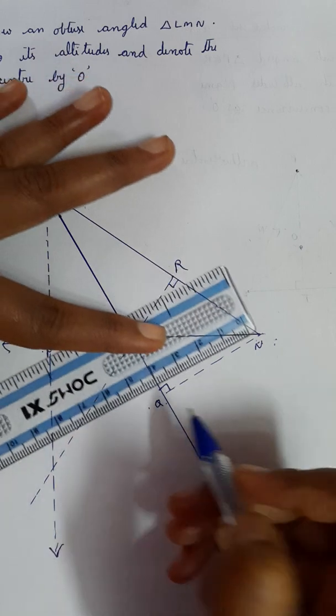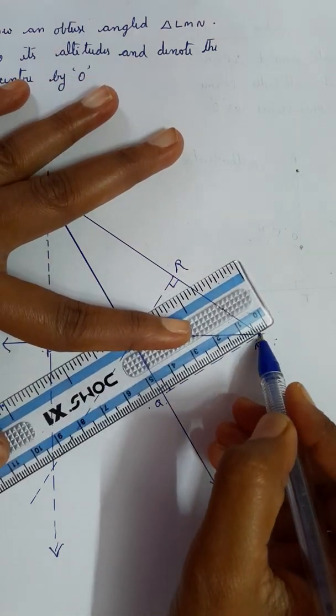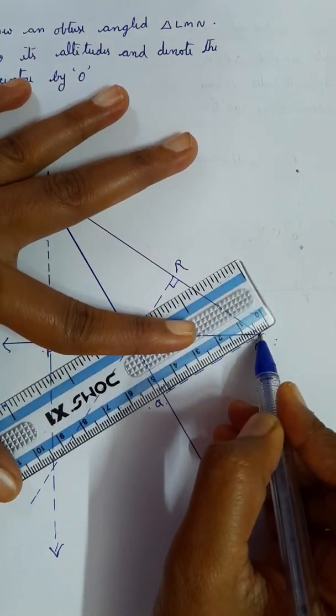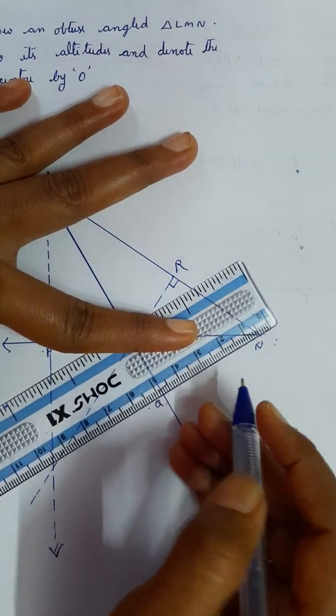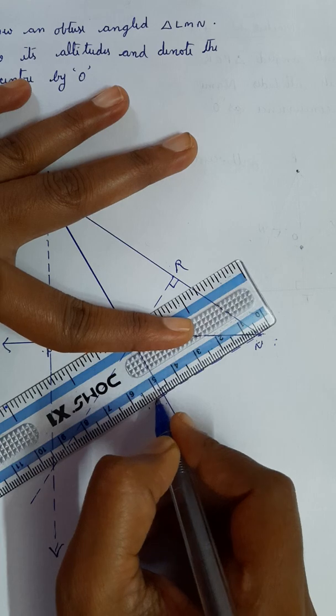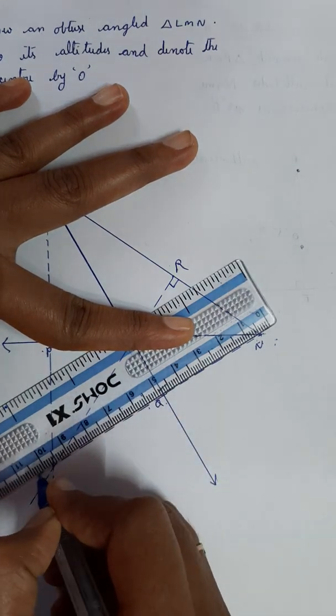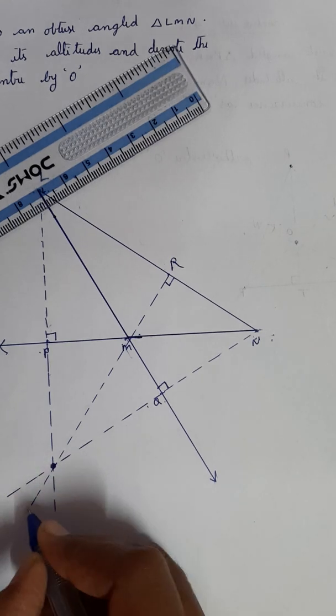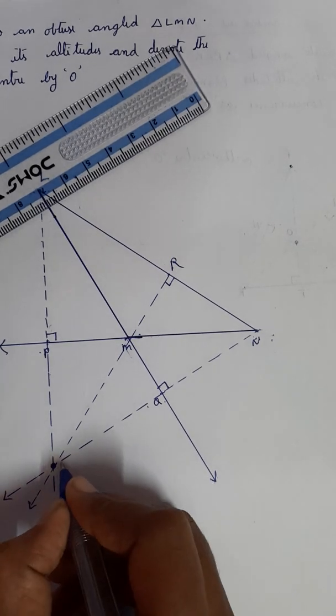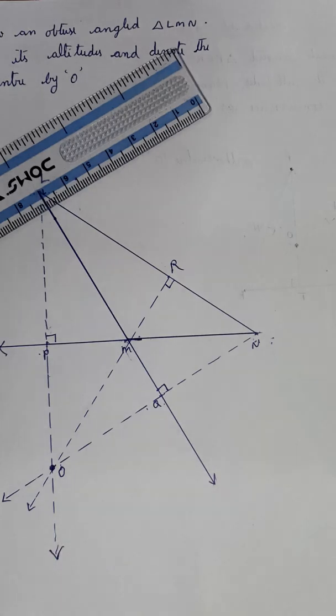Similarly, NQ is one more altitude, set the scale to N and Q, and just extend it. So all three altitudes meet at one point, correct? And this point is the orthocenter, or O.